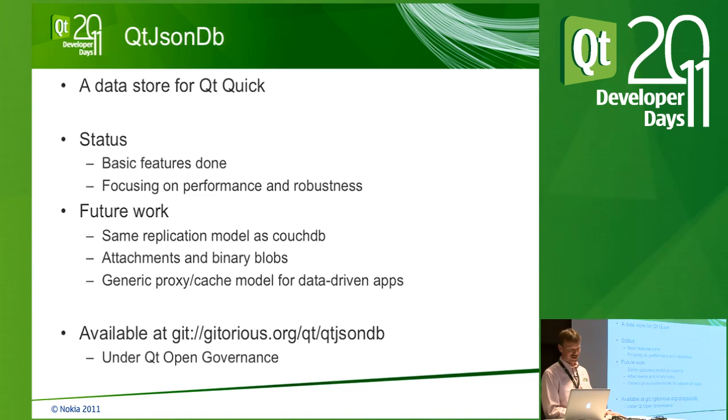But it's upcoming work. Right now, the database only does JSON equivalent objects, so we don't have binary data or blobs. But we see a need for that, like the Flickr example. Where am I going to put those pictures, and how am I going to manage those? So I think that's coming.